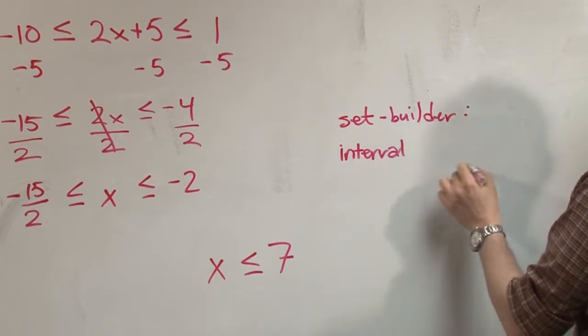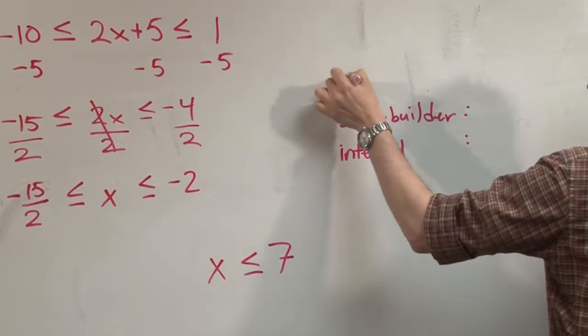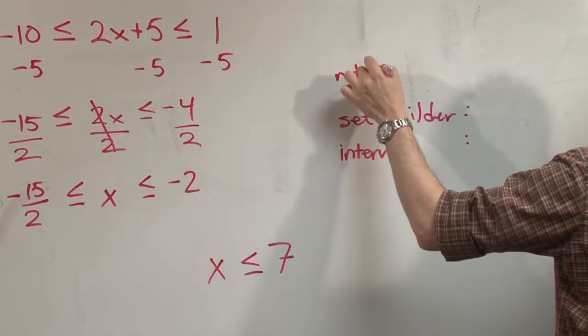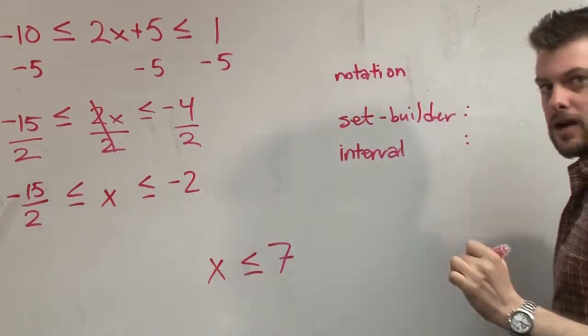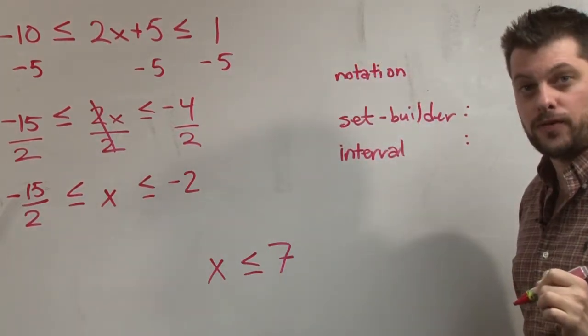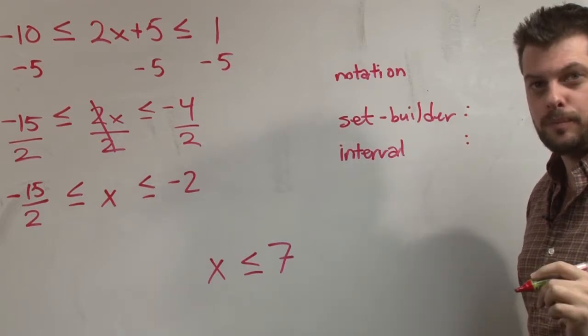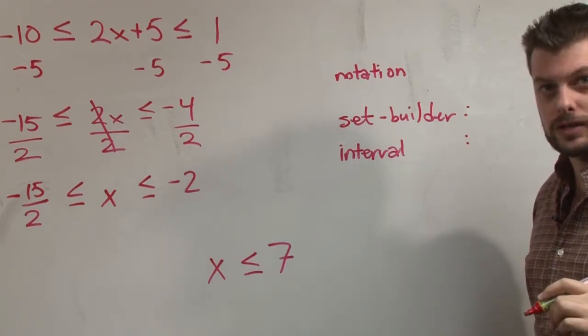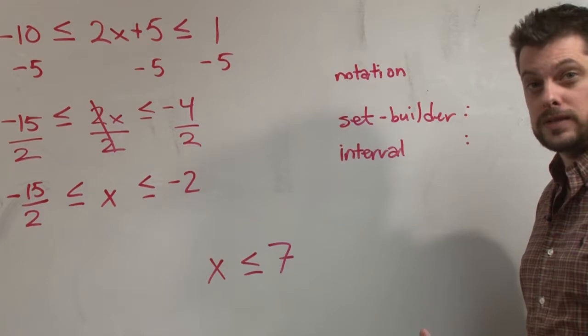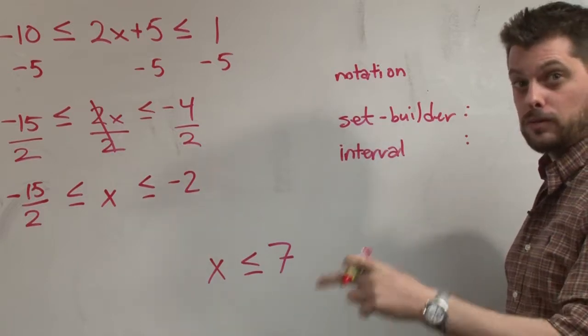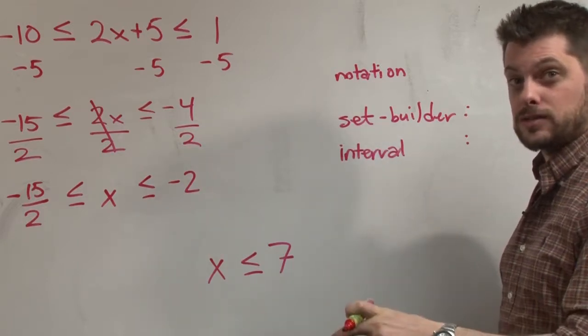And I will describe what both of those look like. You'll have to be careful because some professors prefer set notation and some professors prefer interval notation. So be very careful when you're working through these examples. It will tell you what form it wants its answer in.